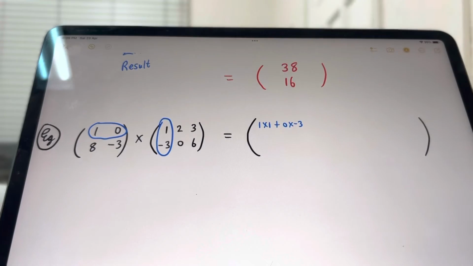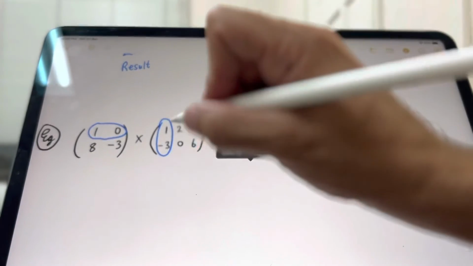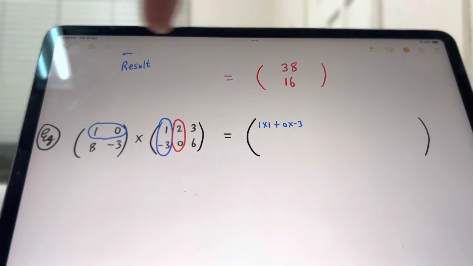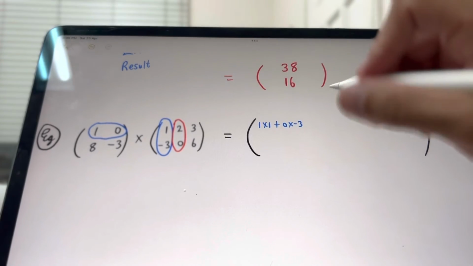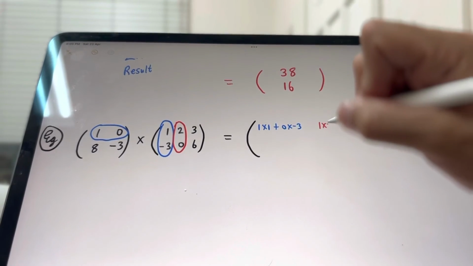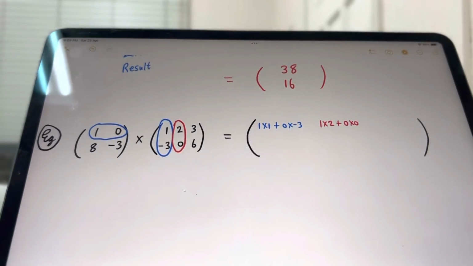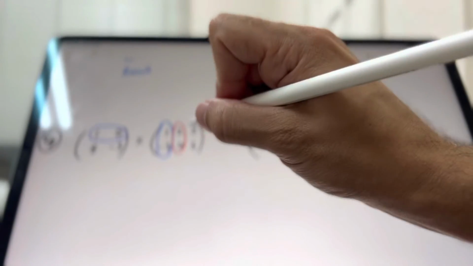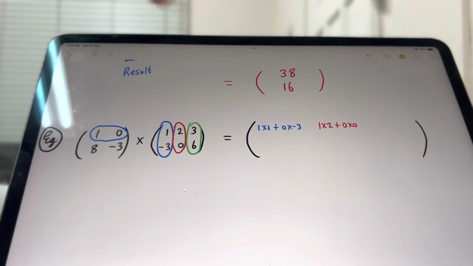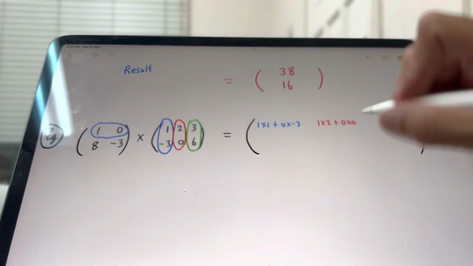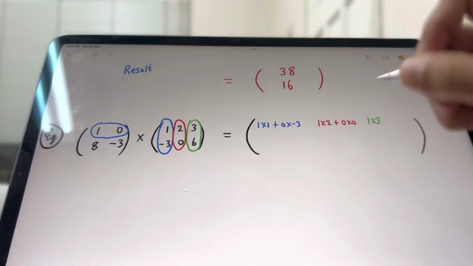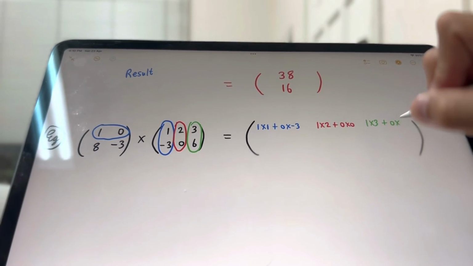That's the top left. Let's go top row, middle column, which will give us the top middle number. 1 by 2 plus 0 by 0. And then let's go top right, top row times the right column. 1 by 3 plus 0 by 6.